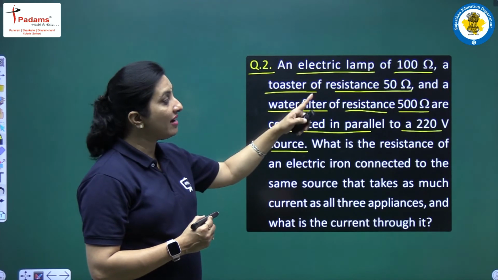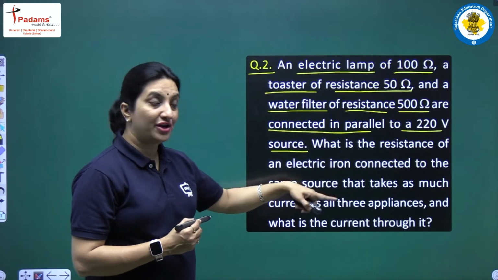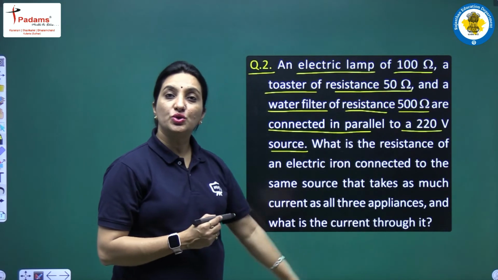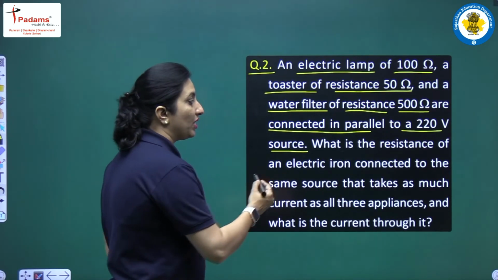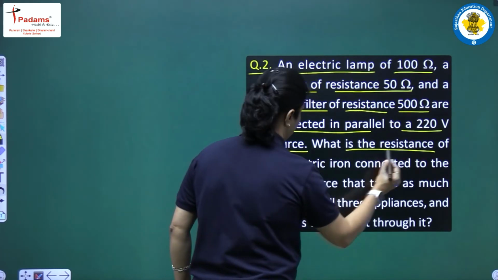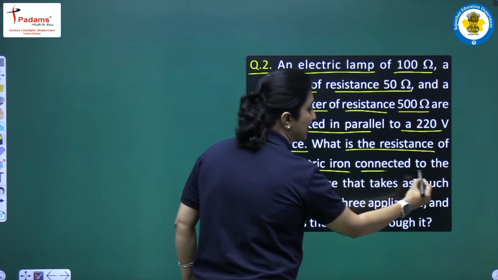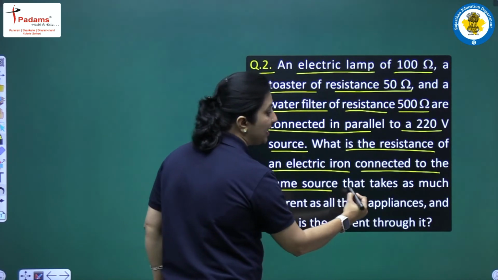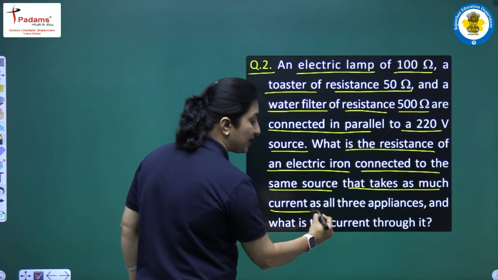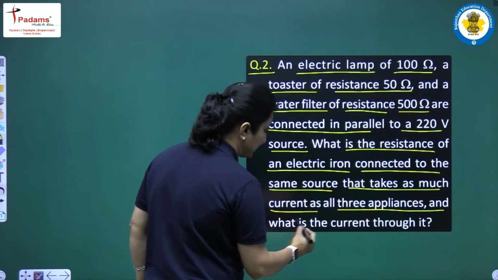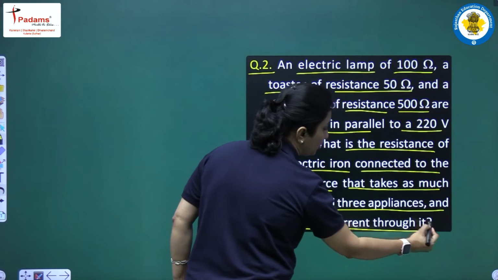These are all connected to a 220 volt supply. Now what is the resistance of an electric iron connected to the same source that takes as much current as all the three appliances, and what is the current through it?